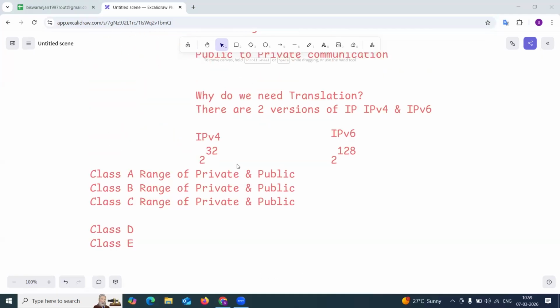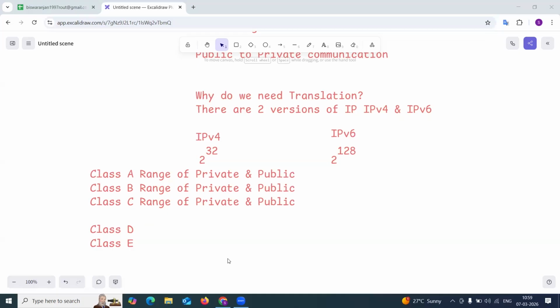Guys, did you understand why we need translation? The main concept is clear, why translation is required? See, again, I'm repeating it as a conclusion.